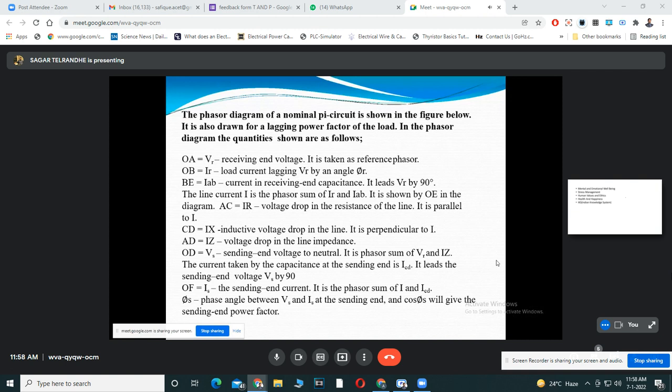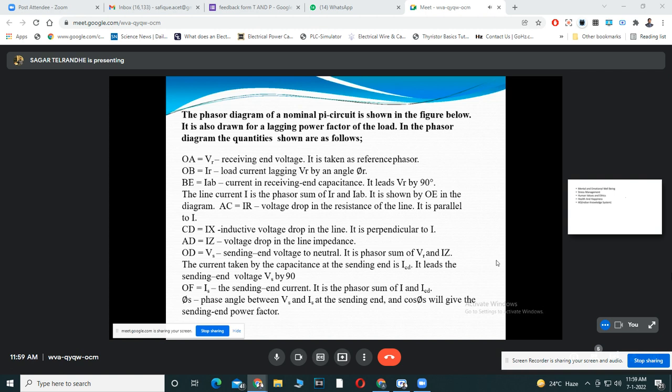Let us consider line BE is equal to IAB, which is the current in the receiving end capacitance, and it leads VR by 90 degrees. The line current I is the phasor sum of IR and IAB, and it is represented by OE in the same diagram.